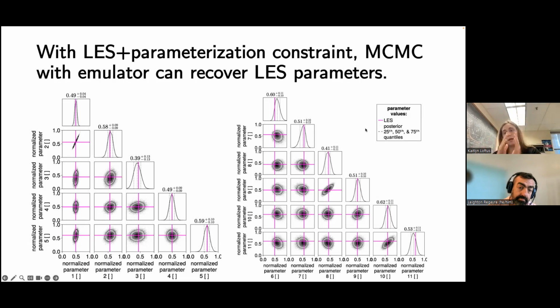And the exact width of these, or how narrowly we can constrain the parameters, is a strong function of what kind of metrics we use to provide the constraint, as well as how many. So we can potentially narrow down or inflate how much of a constraint we put onto the parameters based on what kind of metrics we use to characterize the performance of the atmospheric model.